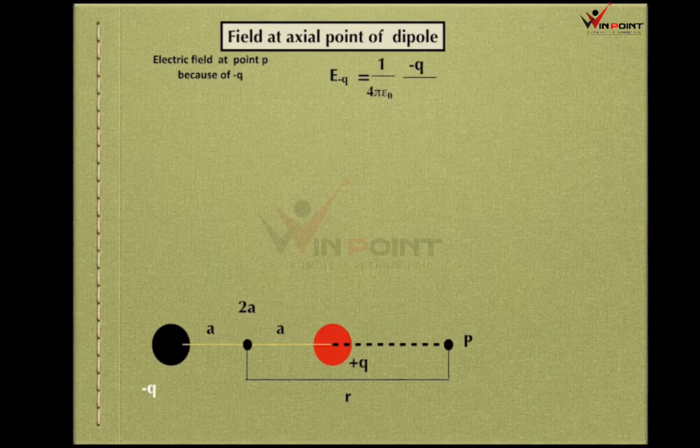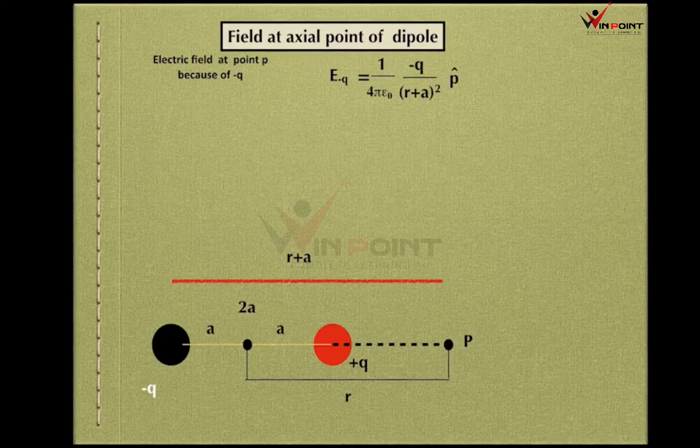The distance between point P and minus q. From point P to the center the distance is r, and from the center to minus q the distance is a. So the total distance from point P to minus q is r plus a. So it will be r plus a whole square into p cap. Here we are taking the position vector p cap.